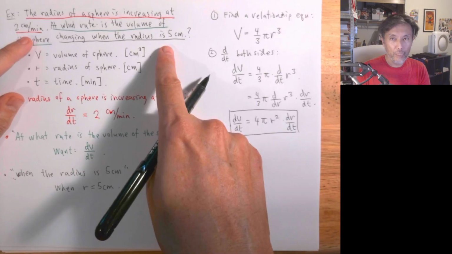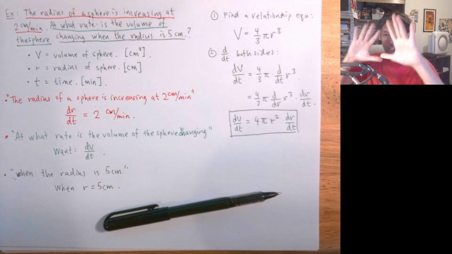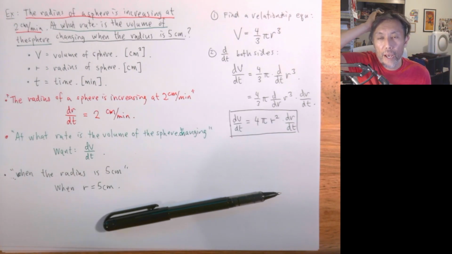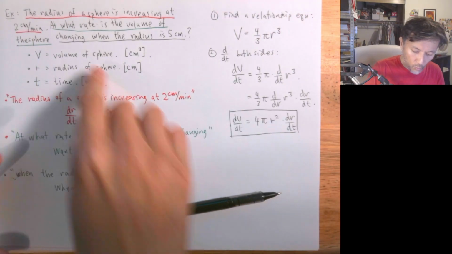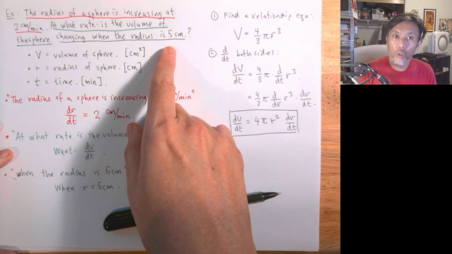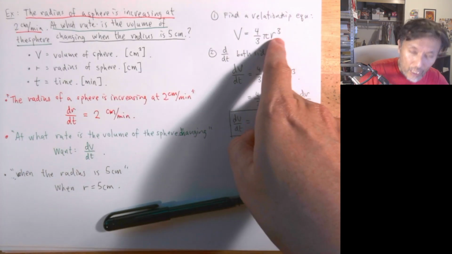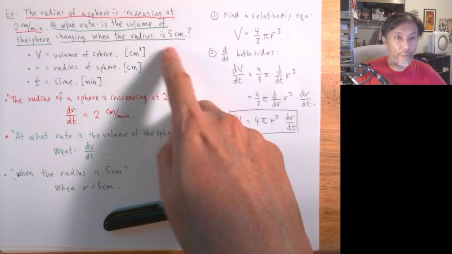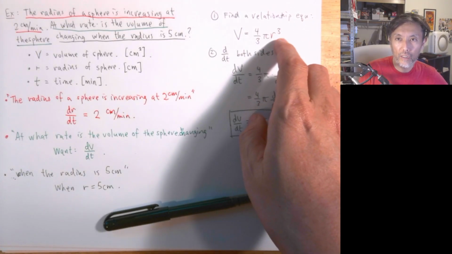Look at the problem statement. Here's going to be the number one issue for students when you are doing this problem. I've taught enough of this stuff that I know where the pitfall is. Here's the pitfall. You read this statement and you're like, oh, the radius is 5 centimeters. Therefore, I'm going to plug 5 in for r, because the volume when the radius is 5 centimeters is 4/3 pi times 5 cubed.